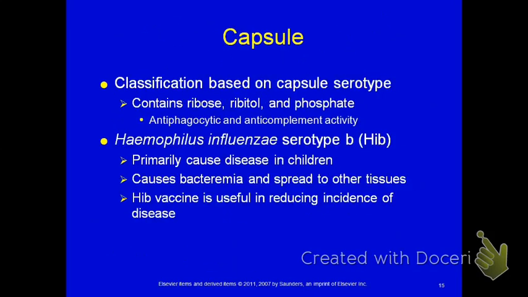As I've told you before, the type B capsule is one of the most important since it primarily causes disease in children. It is capable of causing bacteremia and it could spread to other tissues. That's the reason why the HIB vaccine, as I've explained to you, is useful in reducing the incidence of the disease.